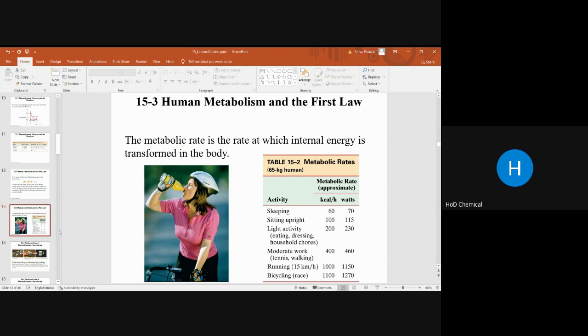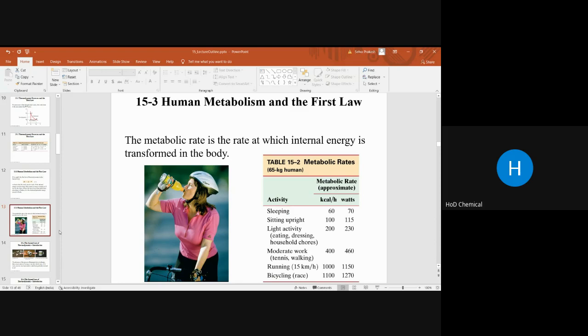Now, the metabolic rate while sleeping is 60 kilocalories per hour and 70 watts. Sitting upright, it is 100 kilocalories per hour and 115 watts. Light activity like eating, dressing, and household work is 200 kilocalories and 230 watts.